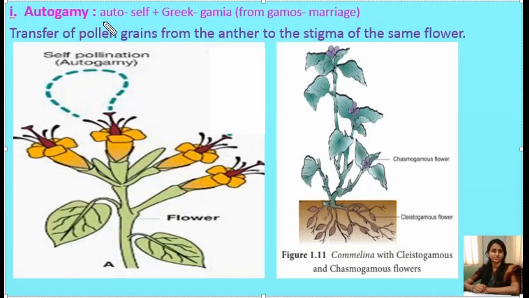Autogamy. Auto means what? Self. Okay, and gamy is derived from the Greek word gamos, meaning marriage. Okay, so what is autogamy? How can you define autogamy? The transfer of pollen grains from anther to the stigma of the same flower is known as autogamy. Look at this, this is the one flower and this is the stigma here.